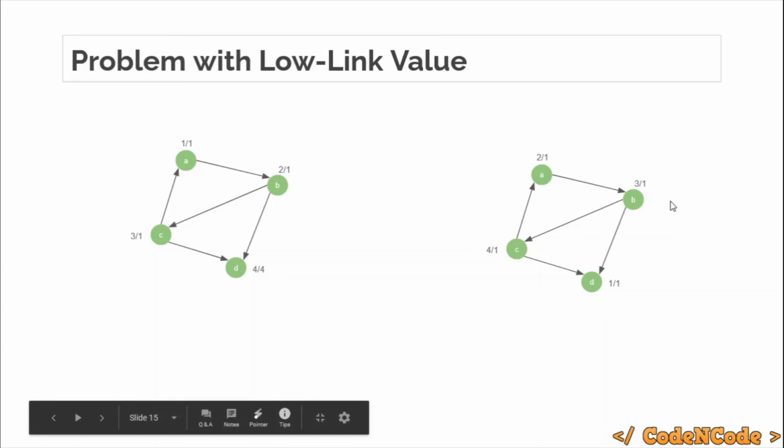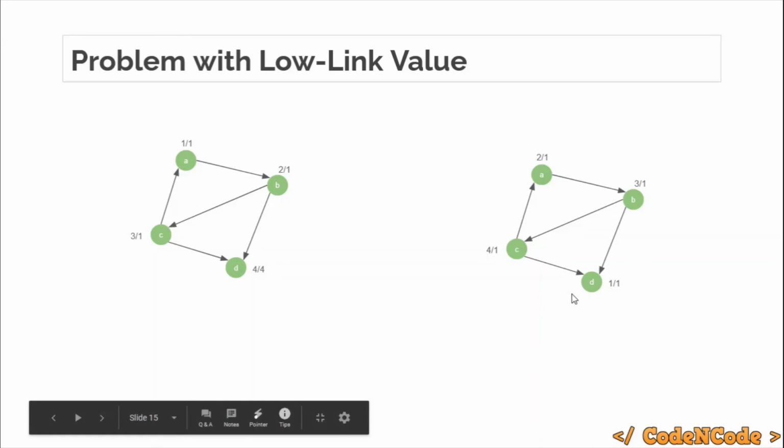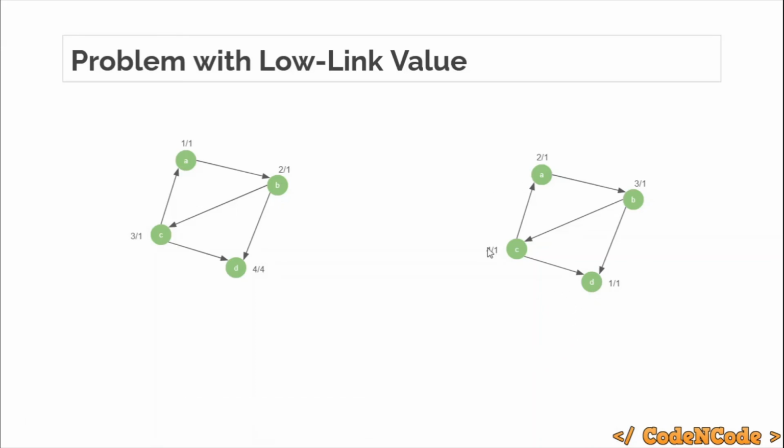So suppose instead of making a DFS call to node A, we made a DFS call initially to node D. What would happen? Its in time and low link value would be initialized with 1, right? And after that, there's no way you can visit other nodes, so you would return to the main function. Only D has been visited till now. The rest of the nodes are not visited yet.